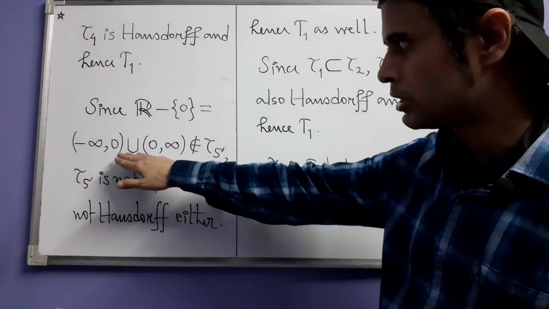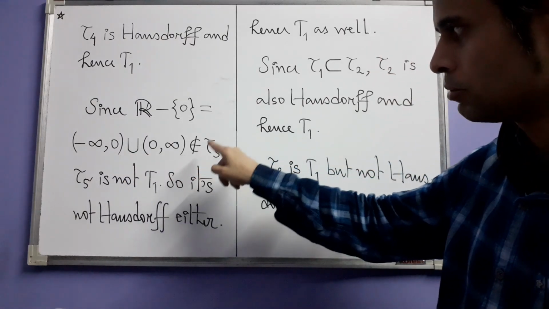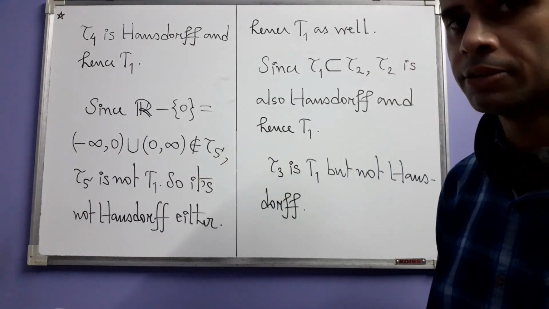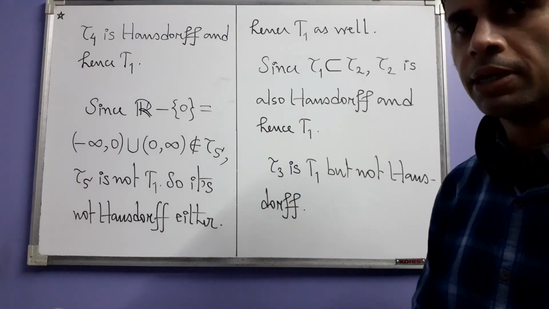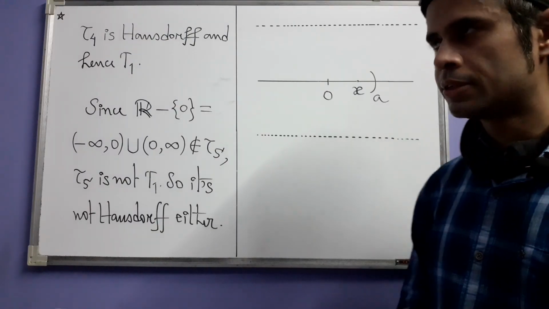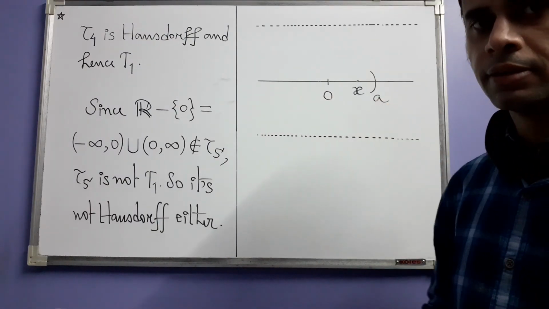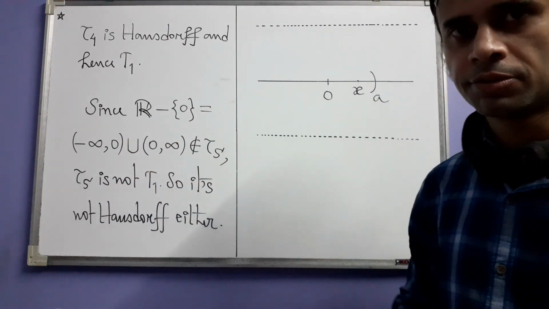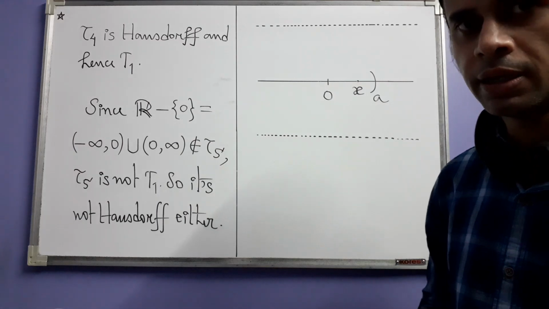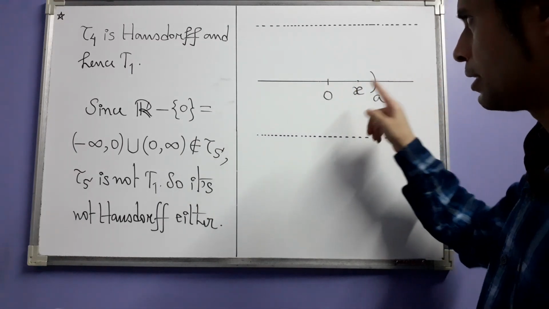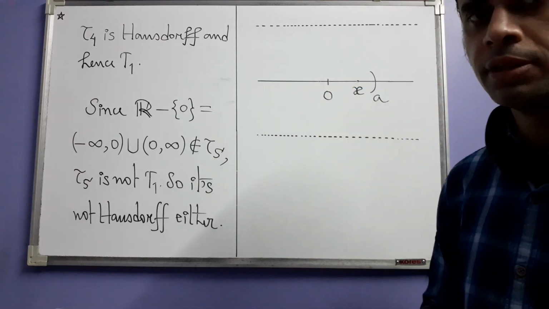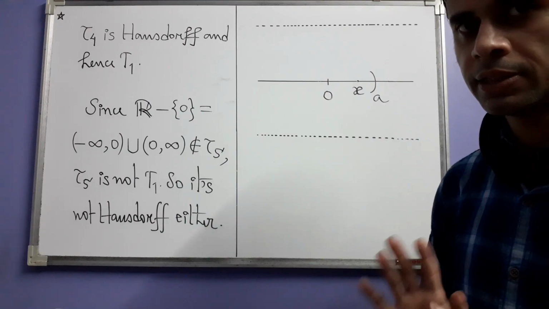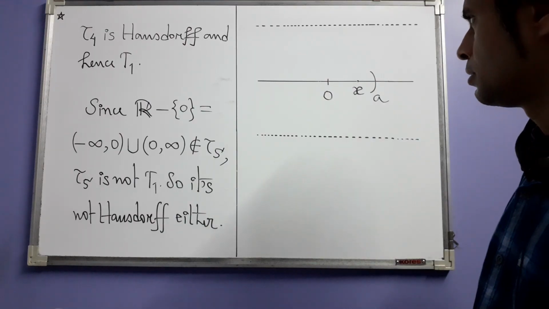However, it's not immediately clear why this is not open in tau 5. Let's see why. And for that we again draw one such diagram. Suppose forcefully that this is open. What is this set geometrically? It's the entire real line from which 0 has been removed. So that single point has been removed.